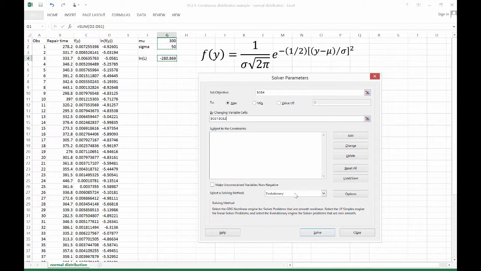And we're going to do that with an evolutionary algorithm. This is just a heuristic algorithm. This does not provide us an analytical solution. We're not going to find the exact optimal values of mu and sigma, but we're going to approximate them.